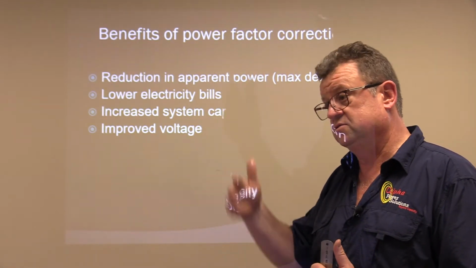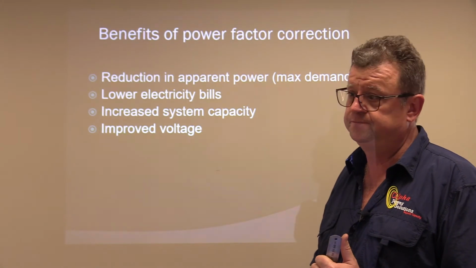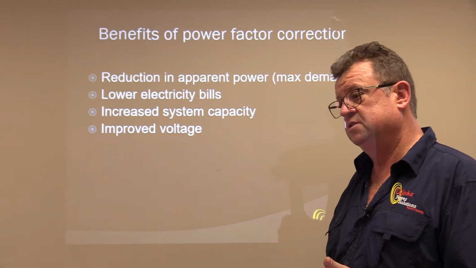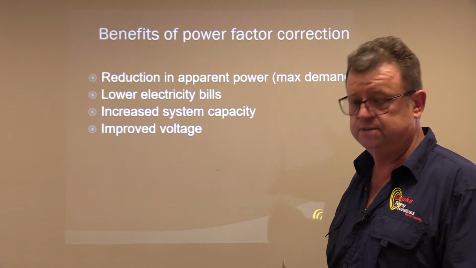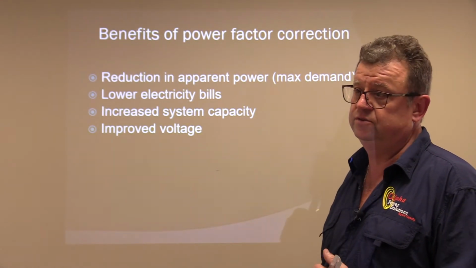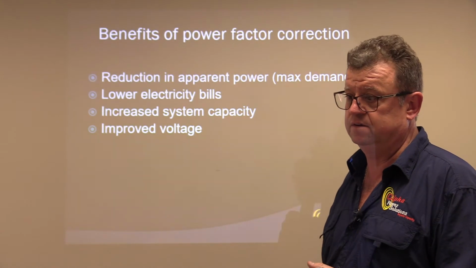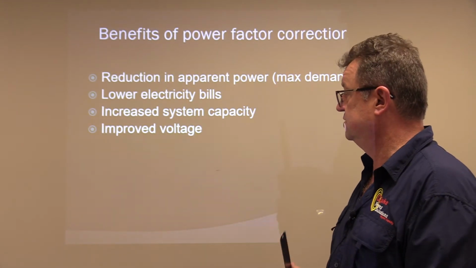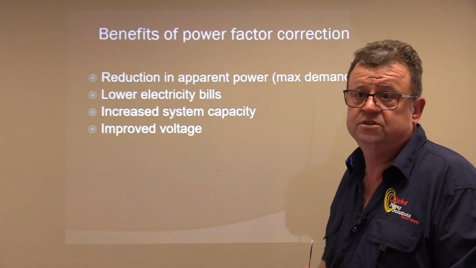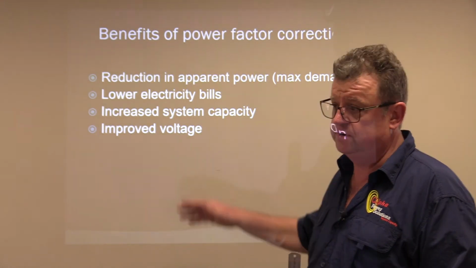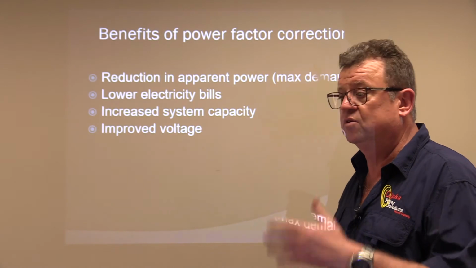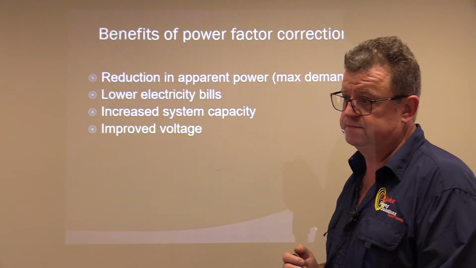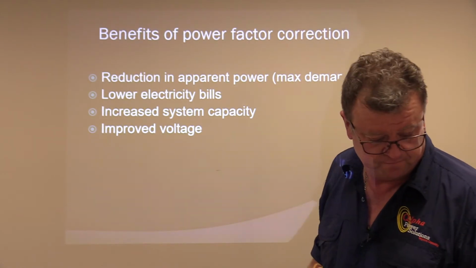And obviously the losses also result in a voltage drop. So you reduce the heat losses or the watt losses in the transformer and the cables, and you improve the voltage. So that's in situations where the load is so big that the actual volt drop is massive.